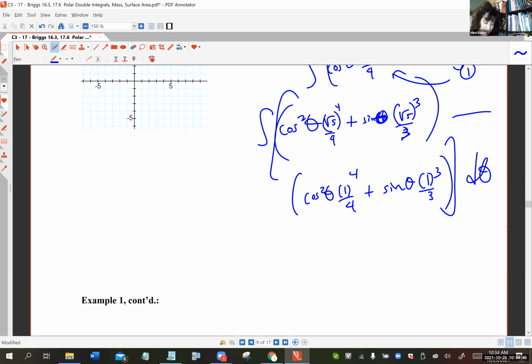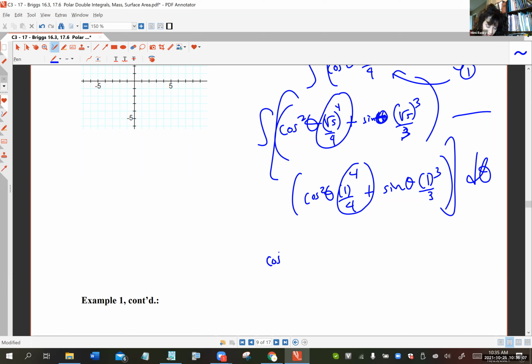Yuck. Now, this is going to get kind of messy, but you want to think like a smart rat when you do this. If you can, try to combine like terms and do as much cleanup as you can before the last integral. So it turns out that square root of 5 to the 4th power is 25. And this is just 1/4.